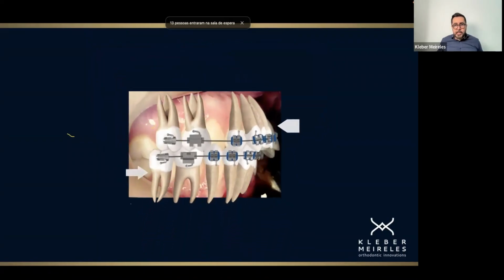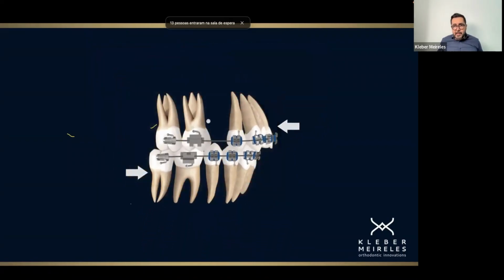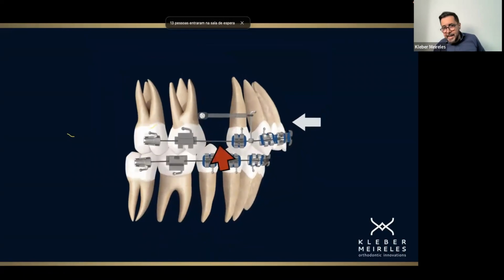But we have a tip here also. In this case, for having this outcome, I need to have a rigid ligation. So again, 1725 won't work. You lose inclination because of the play inside the slot, and you're just pushing the teeth. So when you establish the couple, you start having a type of control.